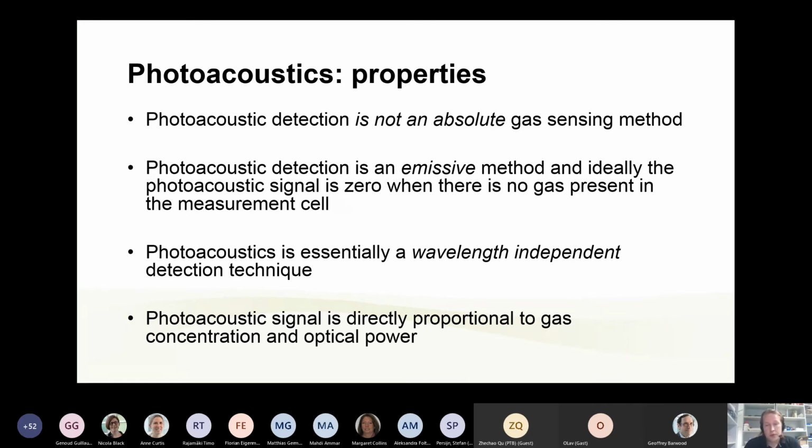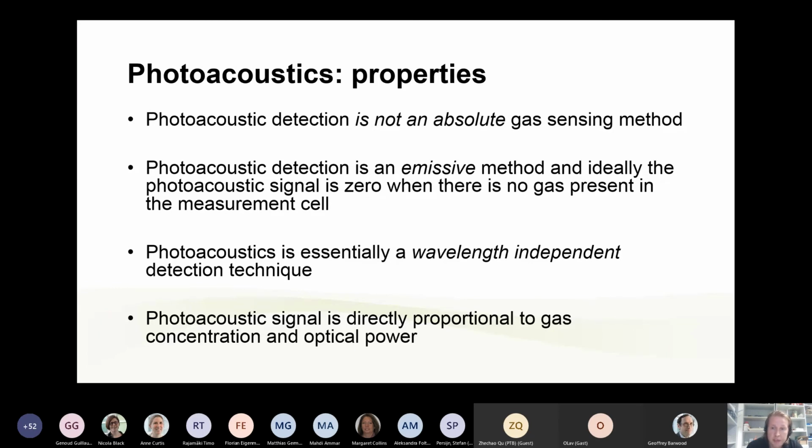One of the most interesting features, at least to me, of photoacoustics is that it is more or less wavelength independent, while many other techniques that, for example, rely on semiconductor detectors are limited by the wavelength region of the detector. One other important thing to note is that the relation between the photoacoustic signal and optical power is linear.